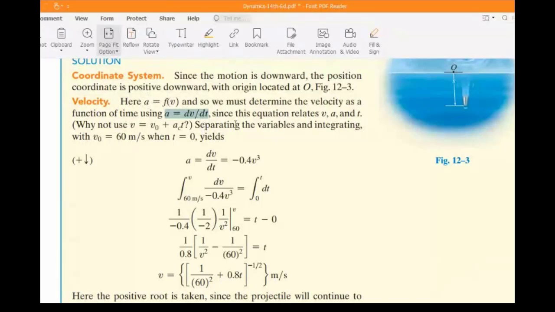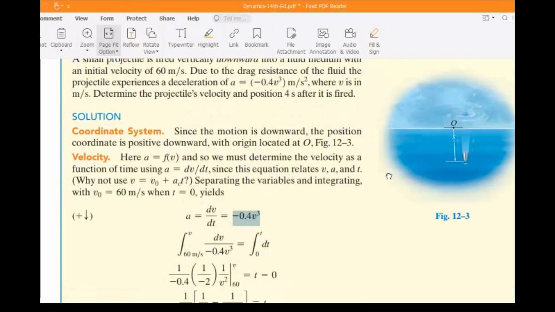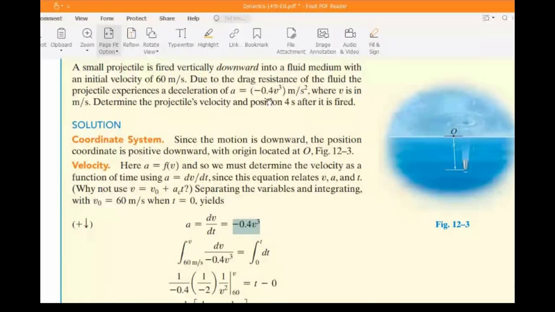So separating the variables and integrating, with v0 = 60 meters per second when t = 0. At the beginning it was this, right? So downward positive, acceleration a = dv/dt, and here we know a = -0.4 v^3, given in the question. Clear?